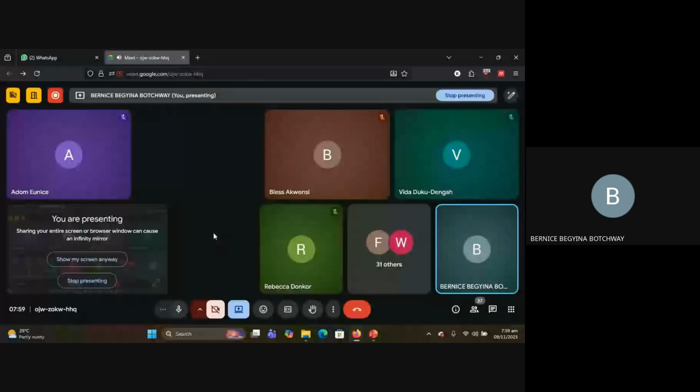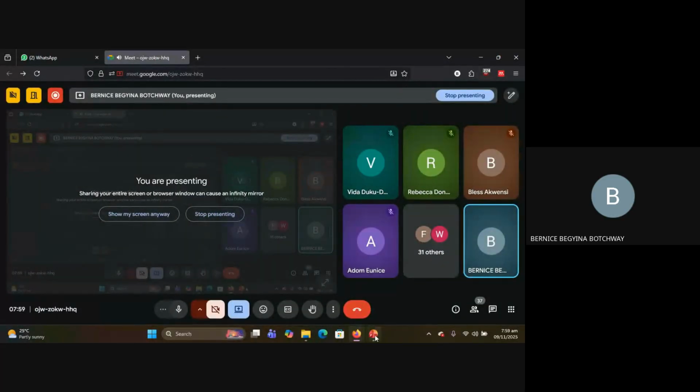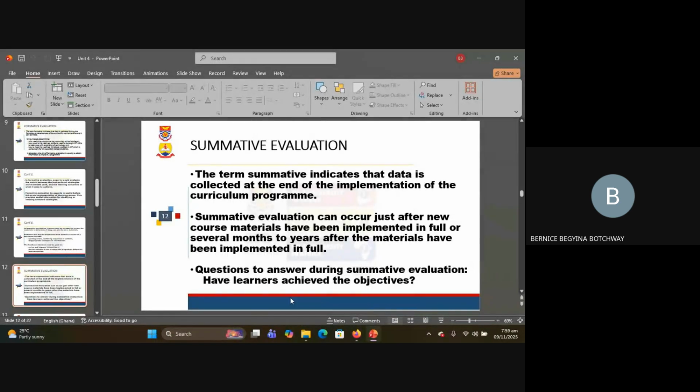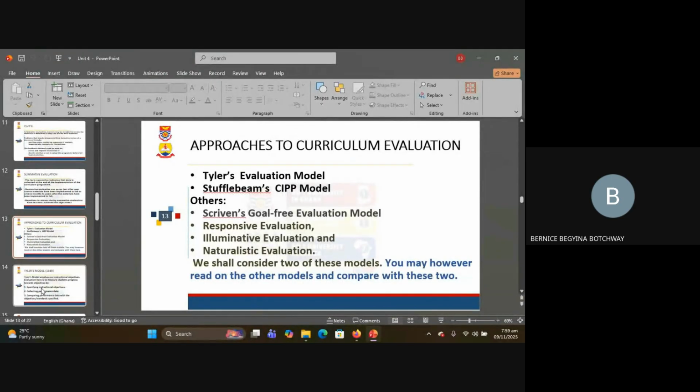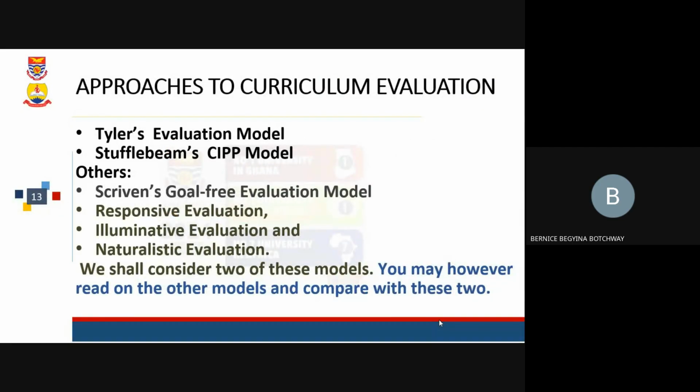All right. So moving away from the definitions and the purpose, let's go to the approaches to curriculum evaluation.